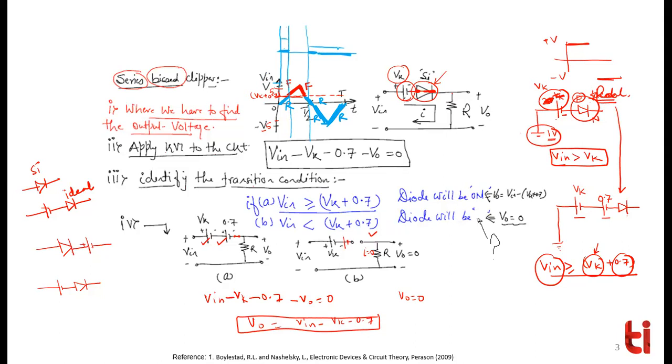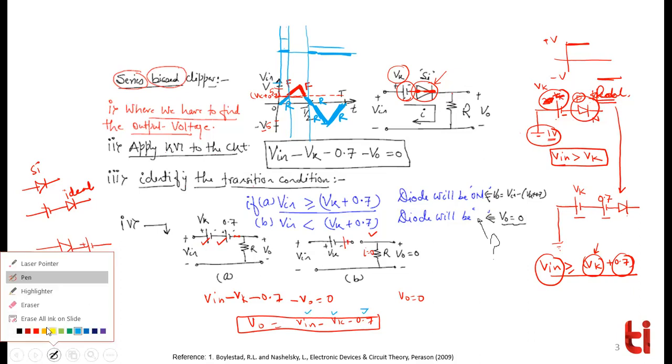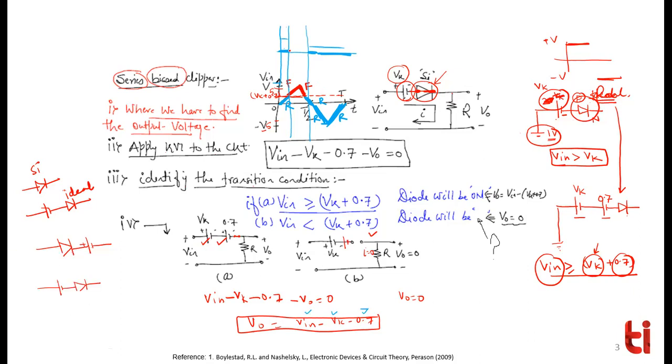Okay. What about the positive half cycle, where the diode is in forward bias? The output has to be Vin minus Vk minus 0.7. That means the curve will be something like this.